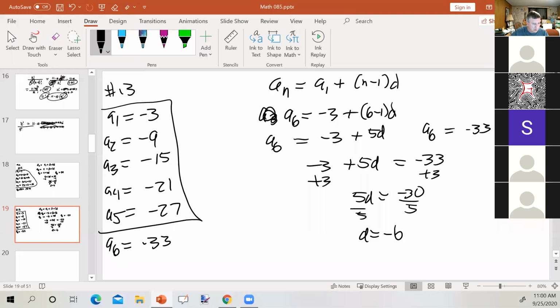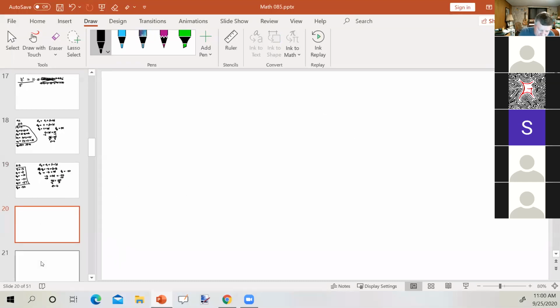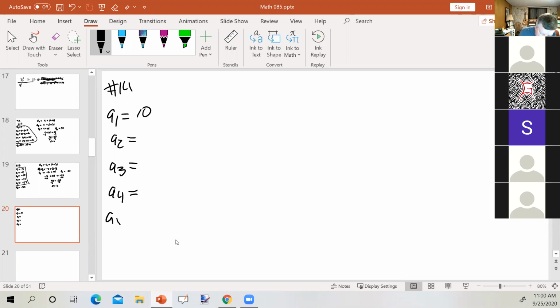All right, one more. This is number 14. It says insert 3 arithmetic means between 10 and 24. So a sub 1 is 10, and a sub 2, a sub 3, a sub 4 will be our 3 arithmetic means, and a sub 5 is 24.